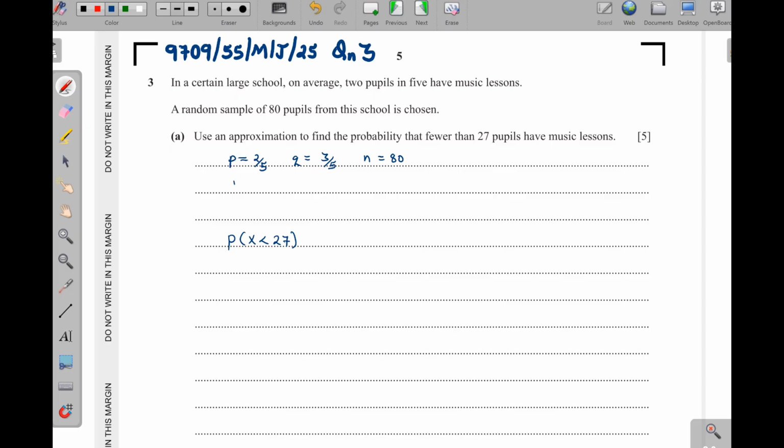So we approximate the binomial distribution to the normal distribution.